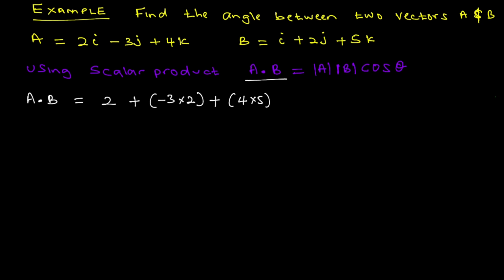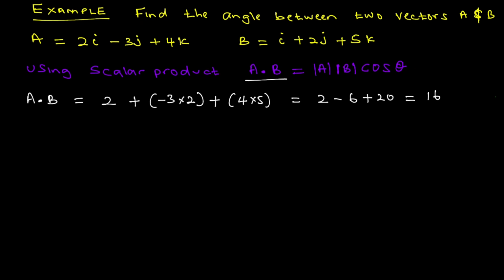Altogether we get 2 minus 6 plus 20, and that equals 16. So A dot B is 16.